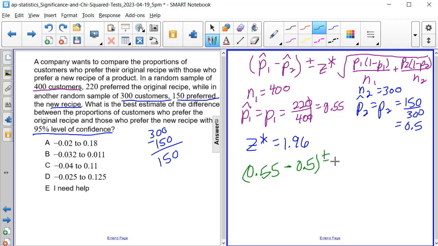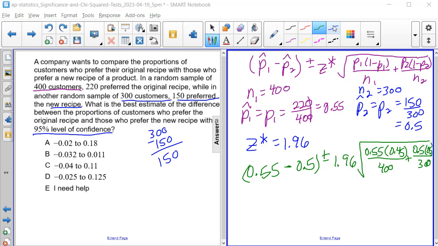And we have plus or minus our z star value of 1.96 times the square root of 55/100ths times 1 minus 55/100ths, which will be 45/100ths, and our n1 value is 400, plus 5/10ths times 1 minus 5/10ths, which is another 5/10ths, all over 300.